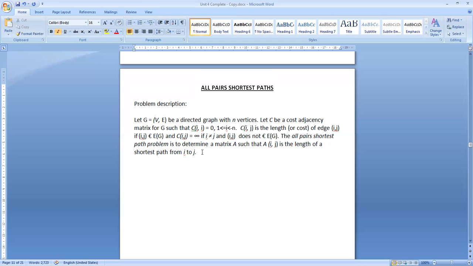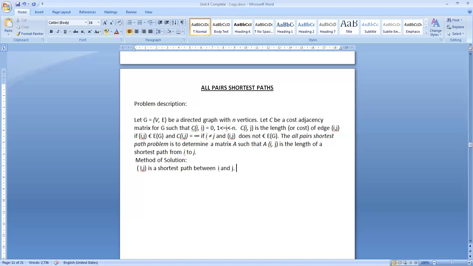Now, the method of solution. First we take two vertices, i and j, and let us take this as the shortest path between vertex i and j.